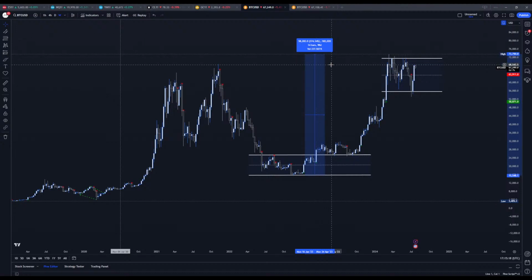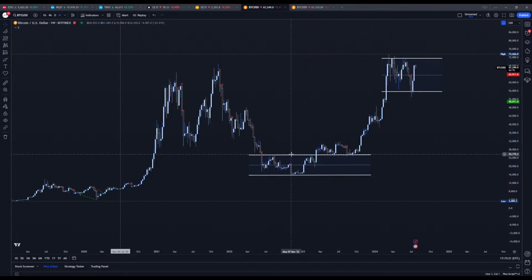Now, we can clearly see that this trading range was indeed a Wyckoff accumulation range. Of course, in hindsight, everything seems easy to understand, but there was very deep work behind it during that time period.